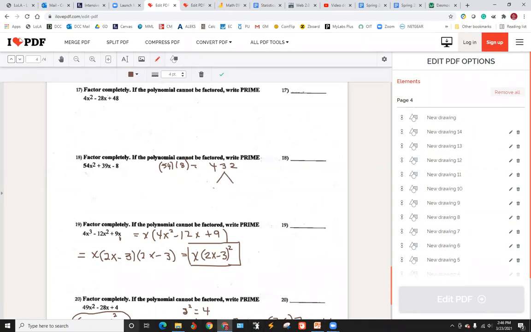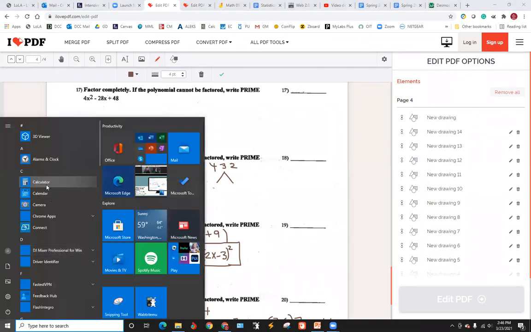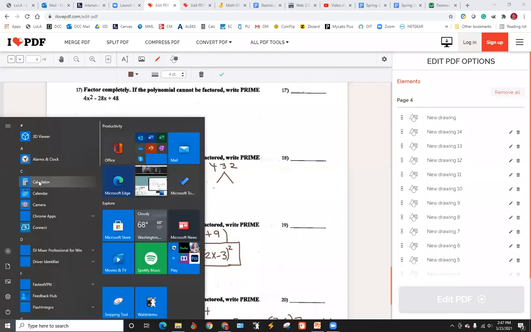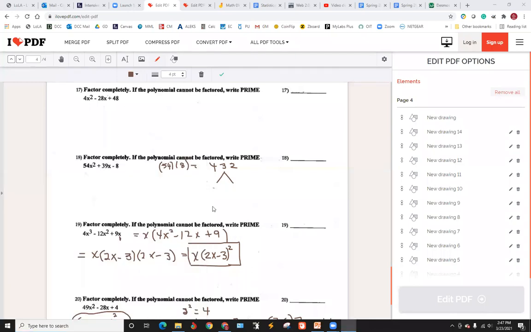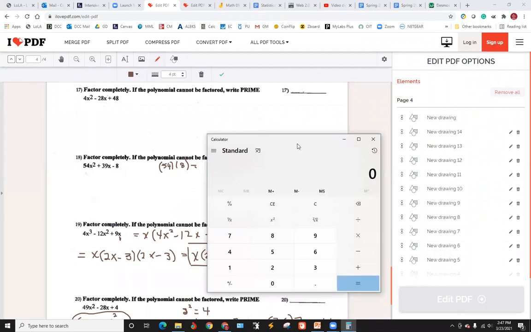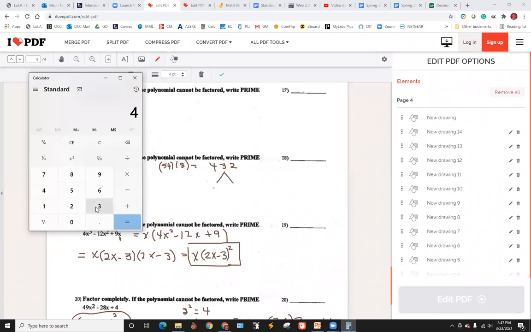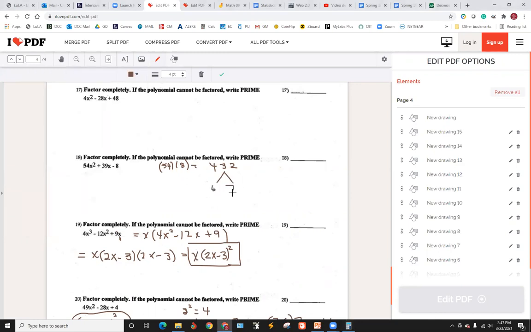Probably not going to have enough room here, but okay, 6 and 72.